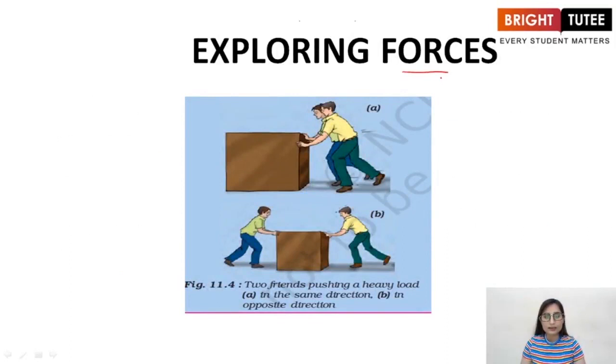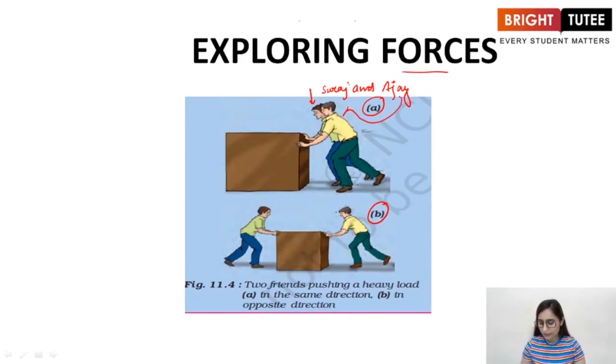So let us start. Students, there is a picture A and a picture B, right? Now imagine you and your friends, Suraj and Ajay, are two friends and they have to move a box, right? So firstly Suraj started pushing the box, but he was not able to push it.